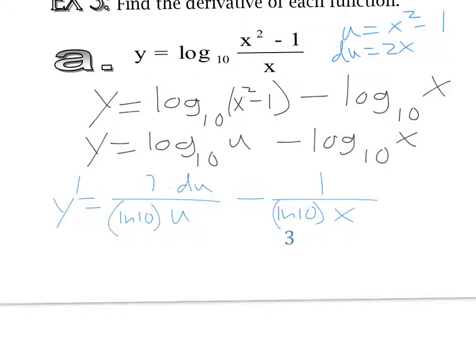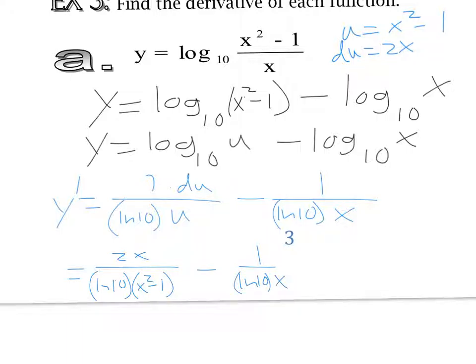So let's go ahead and plug everything in. Du is really just a 2x over the natural log of 10. U is really x squared minus 1, minus 1 over the natural log of 10 times x.